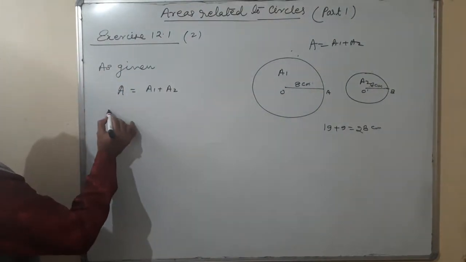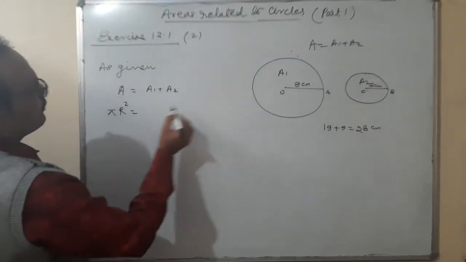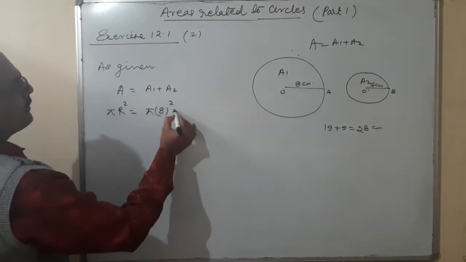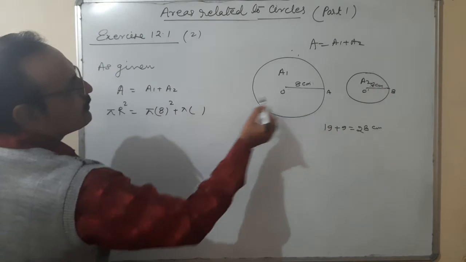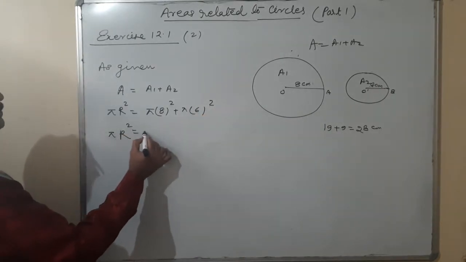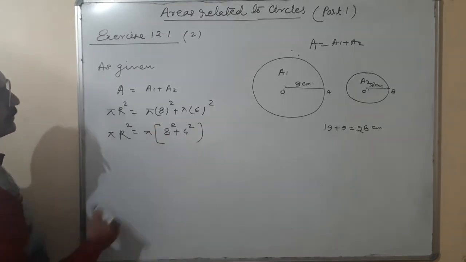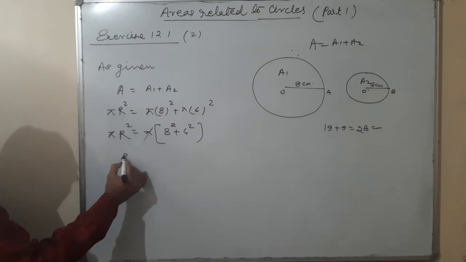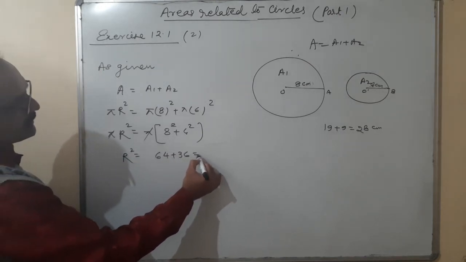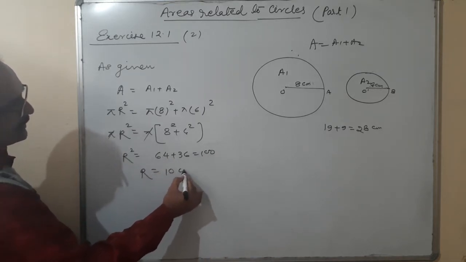Capital A, pi capital R square, is equal to A1, pi radius 8 square, plus A2, pi 6 square. Okay. Pi R square is equal to, when I take pi common, 8 square plus 6 square. Is that okay? Cancel. R square is equal to 8 square. 8 8s are 64 plus 6 6s are 36. That is 100. So therefore R is equal to under root 100, which means 10 centimeter.